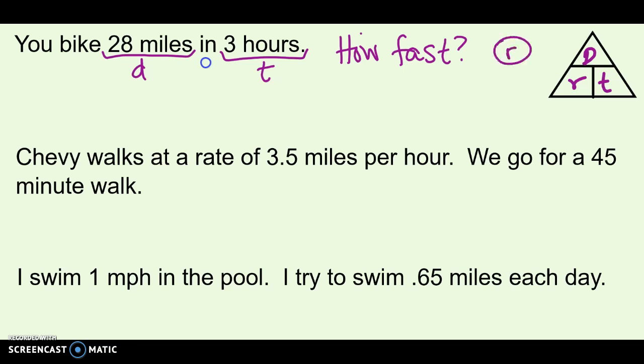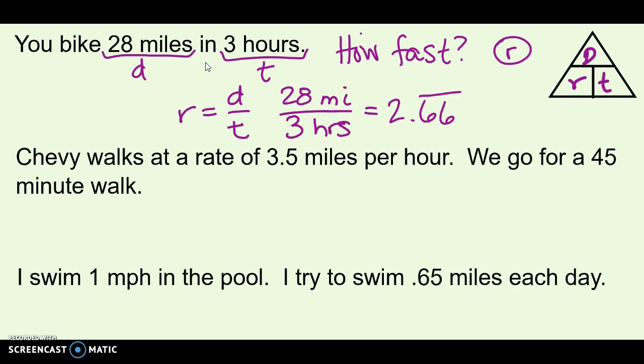That means we want to find the rate. So if I copy the formula, rate is equal to distance divided by time. My distance was 28 miles. Time was 3 hours. And I get 28 divided by 3, 2.66 repeating, and I keep my label of, right here, miles per hour. So that's how fast I was going.